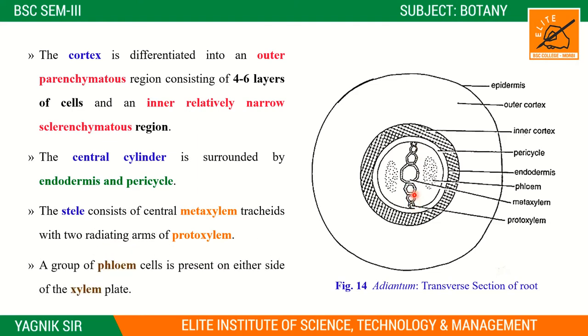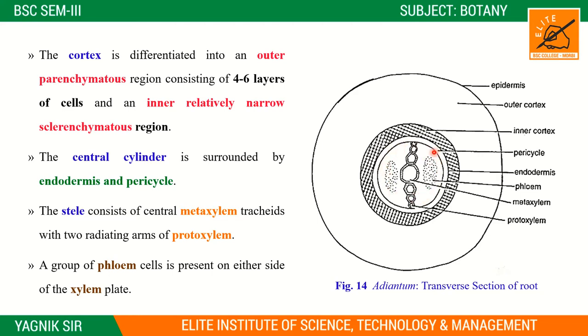So this is the main vascular system in the root, and a group of phloem cells is present on either side of the xylem plate. Actually, the phloem is on the outer side, so here the xylem is surrounded by the phloem, right? And this is the primitive type of vascular system, right? This is not an advanced type of vascular system, this is a primitive type.